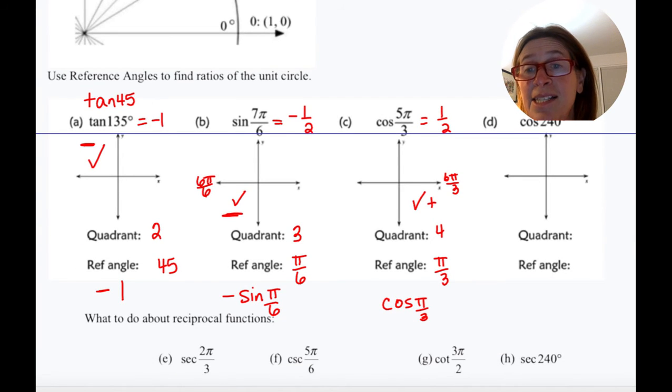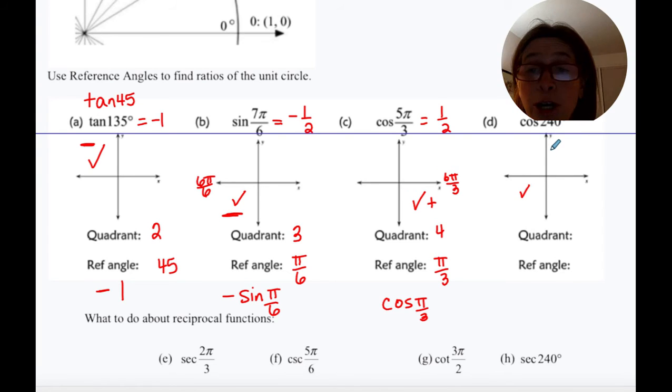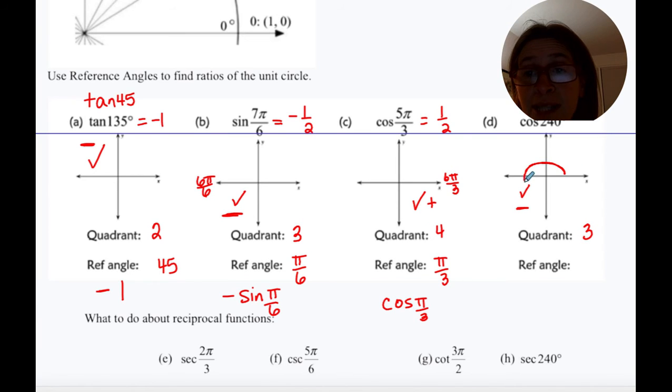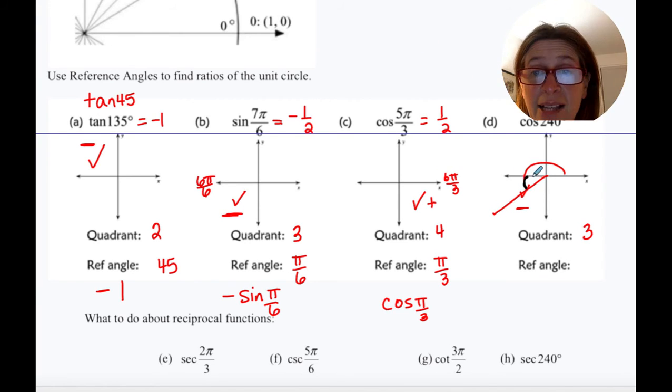Okay, again, this is in degrees. I'm going to mostly test you on radians, but cosine of 240 would be in quadrant 3. Okay, cosine is negative. Remember, when we're looking for reference angles in degrees, that's 240 degrees. So the reference angle is the acute angle formed with the x-axis.